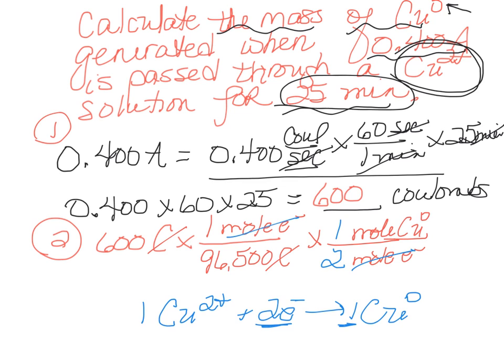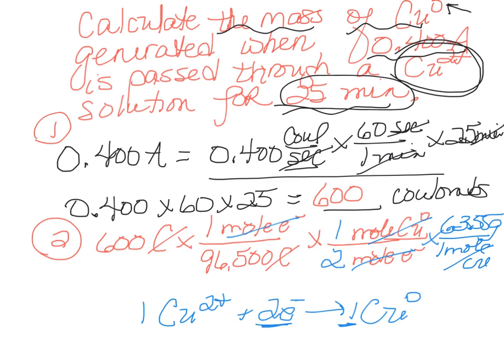Mole of electrons goes. And now simply the molar mass of copper to get to grams of copper. And the molar mass of copper is 63.55 grams in 1 mole of copper metal.